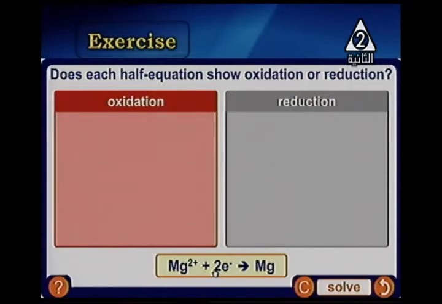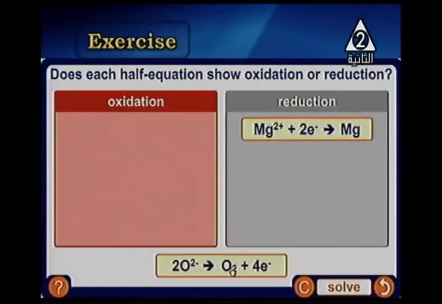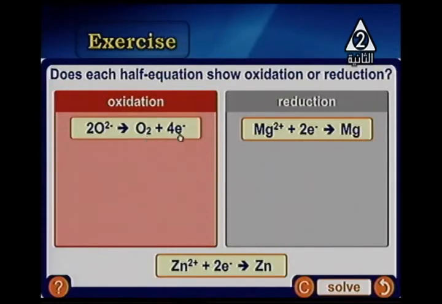So it gains electrons, or it takes electrons. So it's called reduction. And after that, here we have O negative 2 ions, changing into O2, oxygen molecule, and 4 electrons. So it means oxidation. Why? Because here we have losing electrons, 4 electrons lost from this reaction.